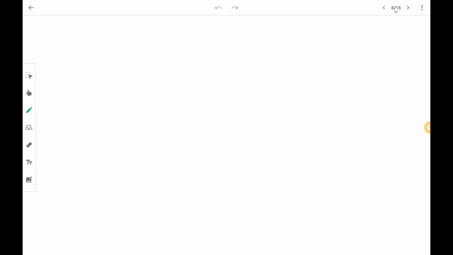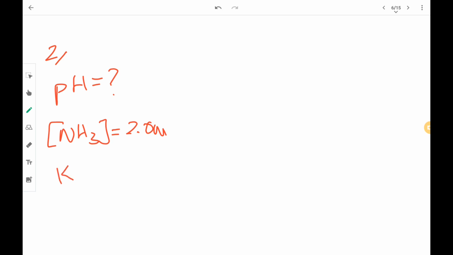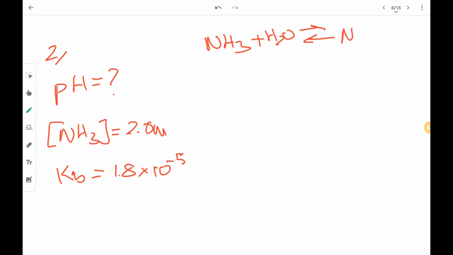Now for question 2 of the grid, you need to find the pH. You have the concentration of NH3 to be 2.0 molar. You're also given the Kb. So the expression is NH3 with H2O will give NH4 plus and OH minus.